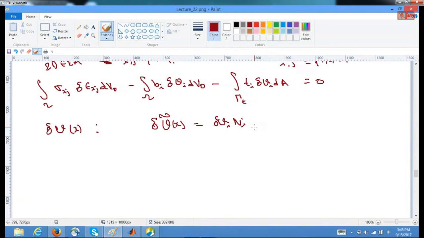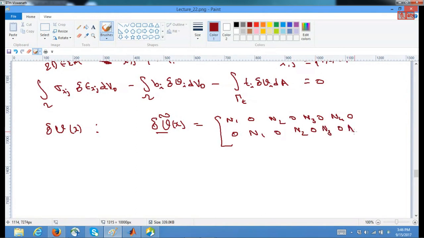So this is your vector. So this vector would look like: N1 0, N2 0, N3 0, N4 0, and 0 N1, 0 N2, 0 N3, 0 N4.